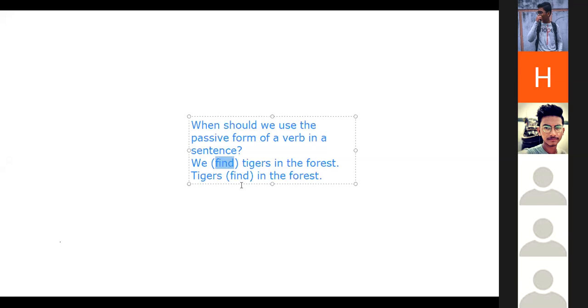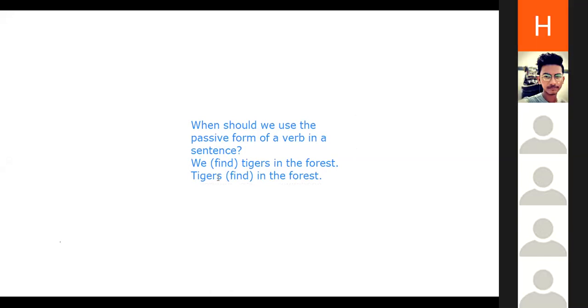ঠিক একইভাবে if I come to the next example, tigers within brackets find in the forest. Find মানে দেখা। এখন দেখার কাজটা কে করছে? Now which is my subject here? Tigers.